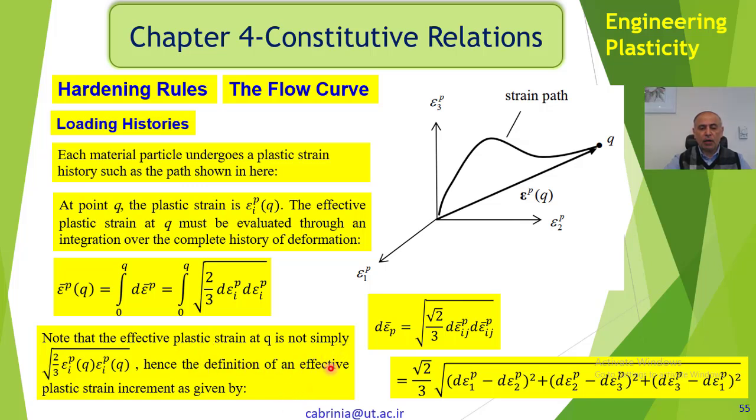Hence, the definition of an effective plastic strain increment is given by this. This is the effective plastic strain. What do we mean by this? If you put Q here, you don't get the effective plastic strain. I will explain this in a minute.